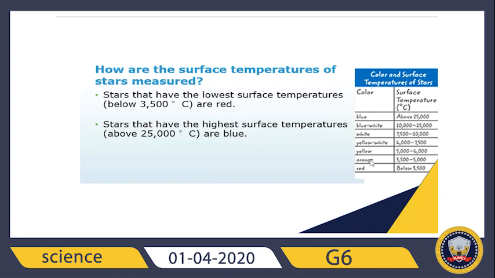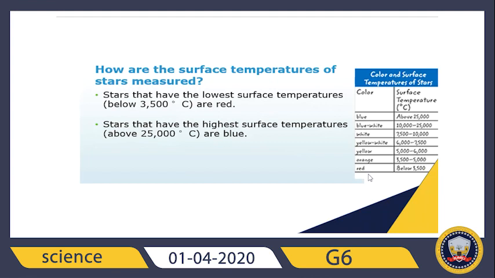Red color for stars that have surface temperature of or below 3,500 degrees Celsius. Orange color for stars that have temperature of 3,500 to 5,000 degrees Celsius, and so on.